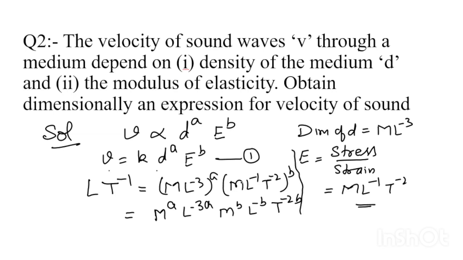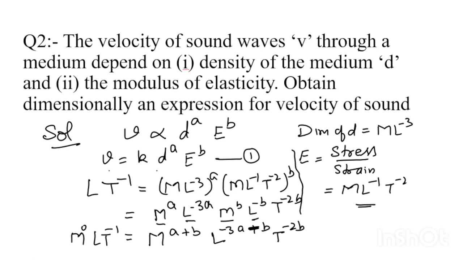We have multiplied the powers of M, L and T by A and B. Now there are two terms of M, so we add the powers: M power A plus B. Now there are two terms of L and we add minus 3A plus minus B, and T power minus 2B. And on this side, LT power minus 1, and we write M power 0.